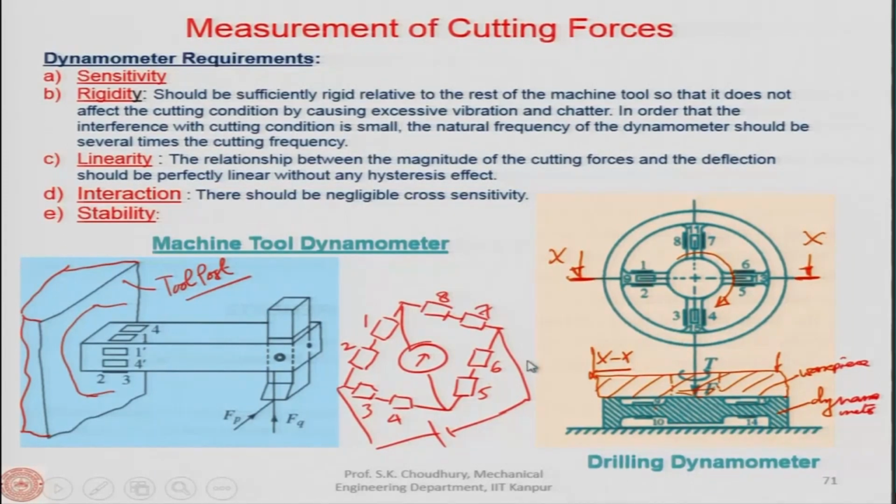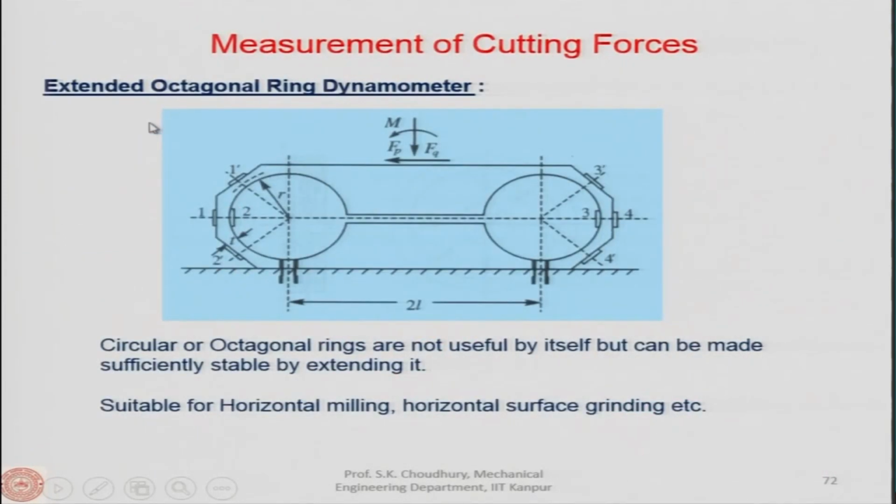All right. Okay. This is the structure which we are familiar with. We have seen that one of them, the smaller version of that, is the octagonal dynamometer, and we said that the octagonal dynamometer itself is a modification of the ring type dynamometer. Okay. So, here the octagonal dynamometer has been further modified, you can see this.